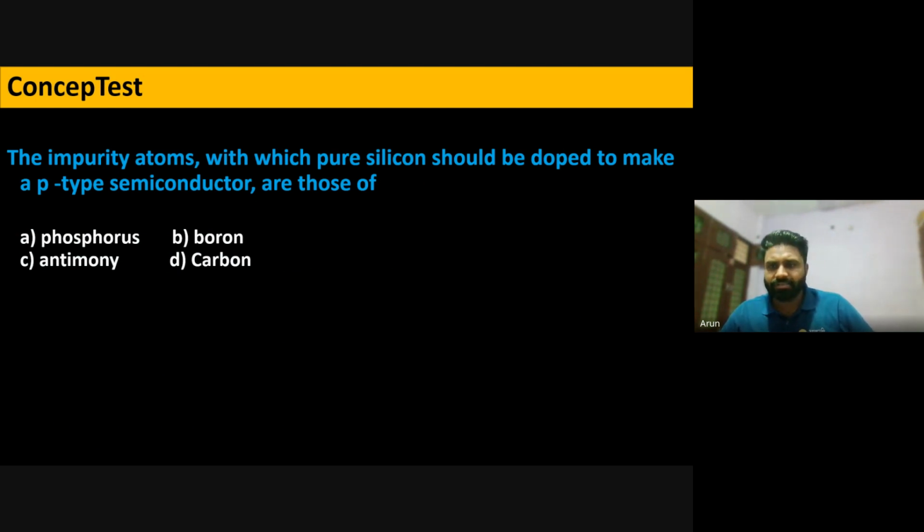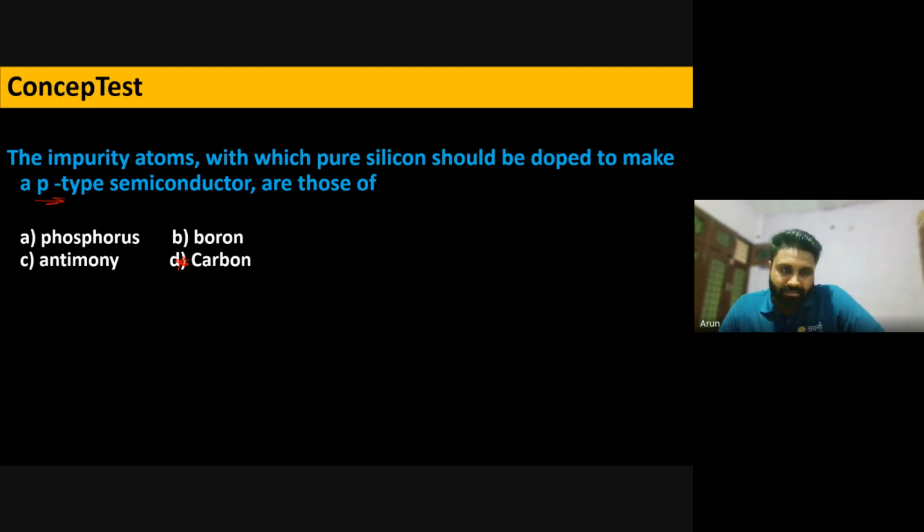Now you can answer this question. The impurity atom with which pure silicon should be doped to make a p-type semiconductor is one of these. Phosphorus is pentavalent. Carbon has an outer valency of 4 electrons, so this cannot be the answer. Arsenic and antimony we could try, but we have to make a p-type semiconductor.